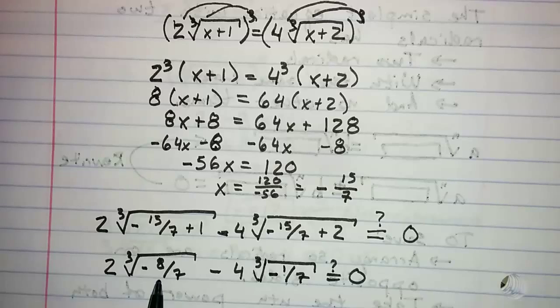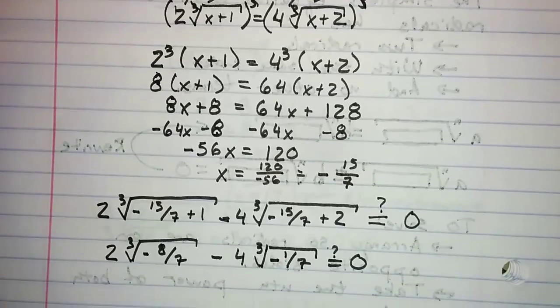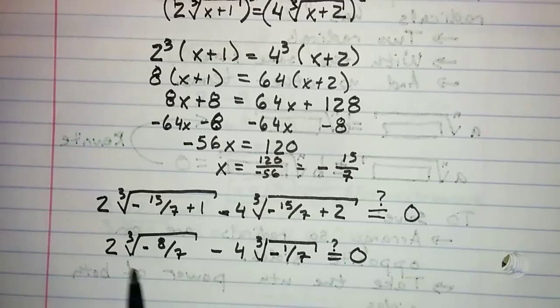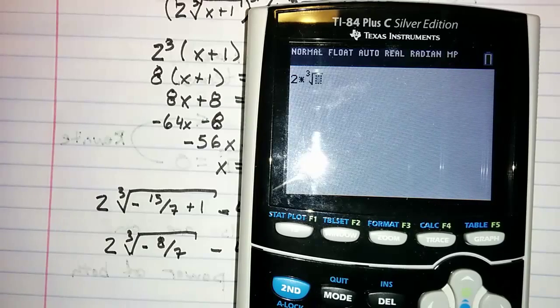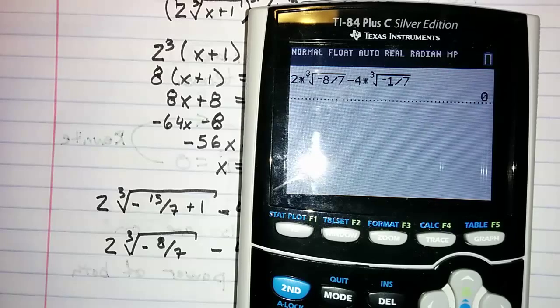If I really wanted to, I could try to simplify these radicals, but instead, I'm just going to put these into my calculator. 2 times the cube root of negative 8 sevenths, minus 4 times the cube root of negative 1 seventh. Let's see what that gives me. Oh, that works out to 0.